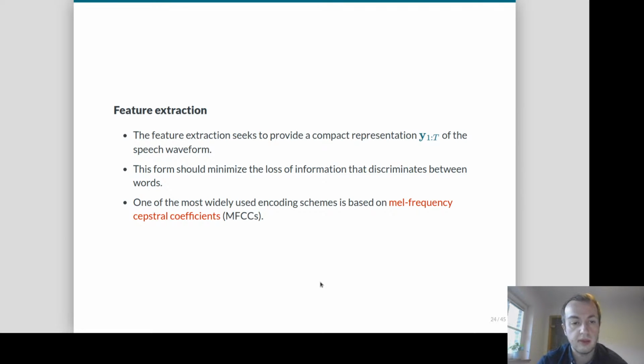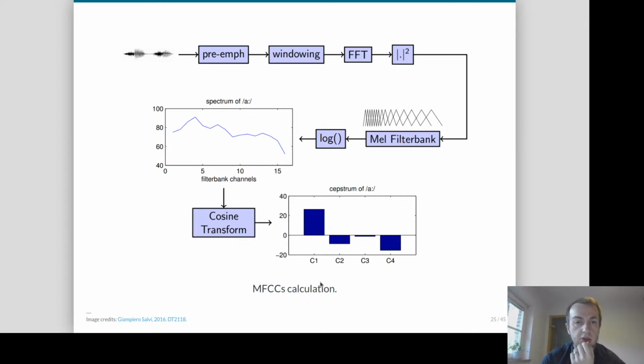Right? There are several solutions here, but one of the most widely used feature extraction preprocessing algorithms is called Mel frequency cepstral coefficients, or MFCCs for short. We'll not go into the details.